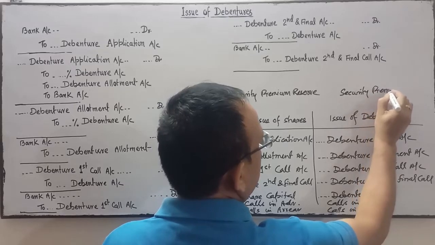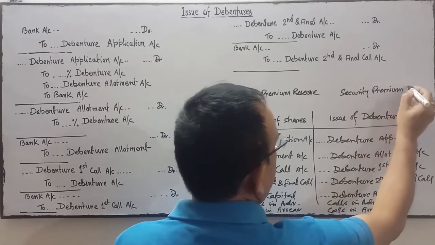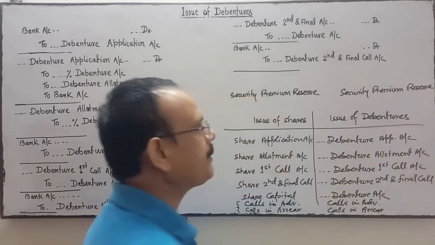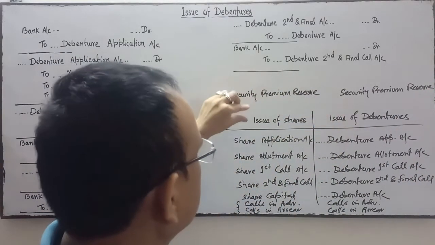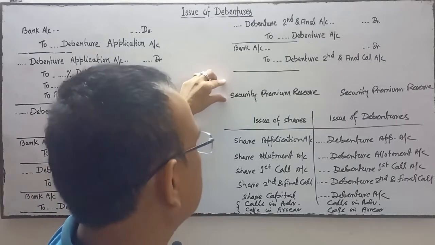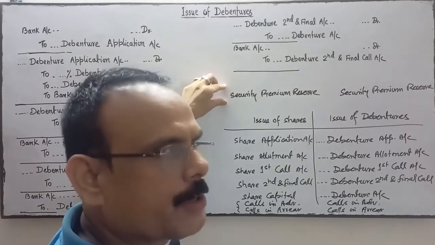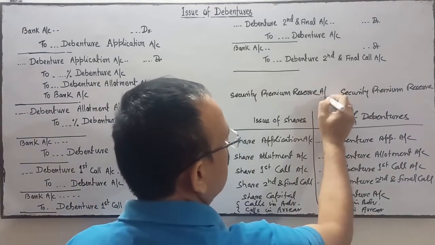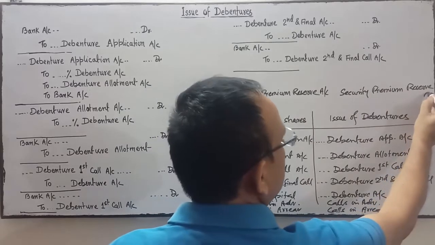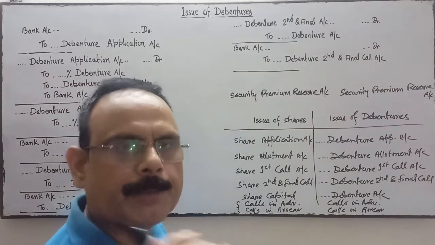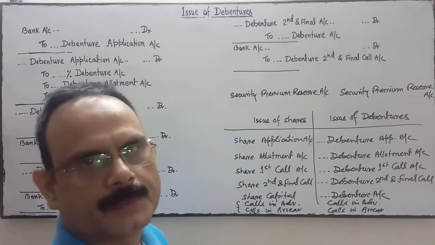When shares are issued at a premium, we will open the securities premium reserve account. And when the debentures are issued at a premium, then also we open the same account, securities premium reserve account.